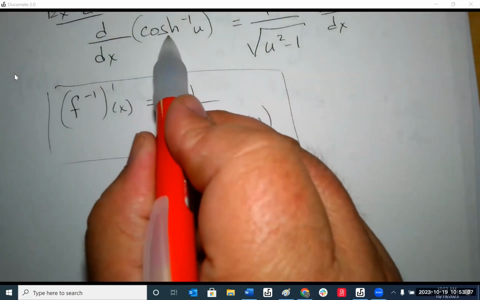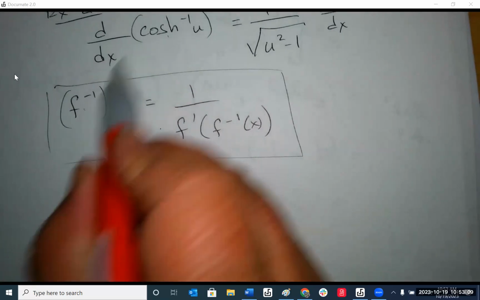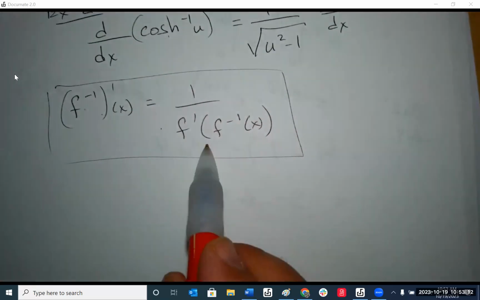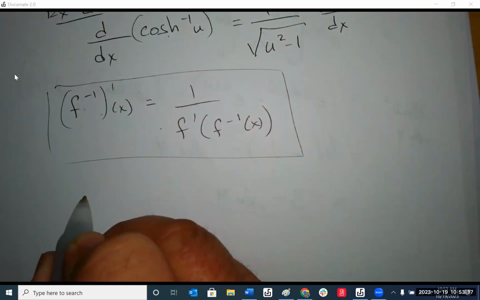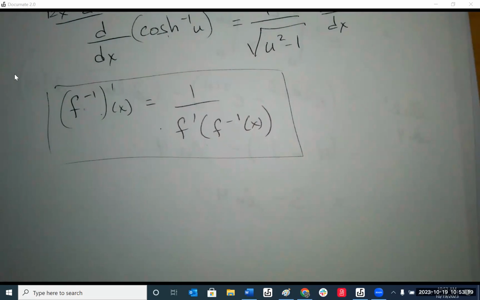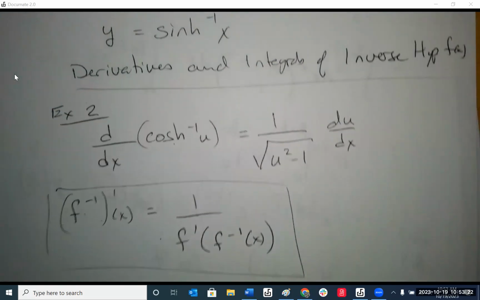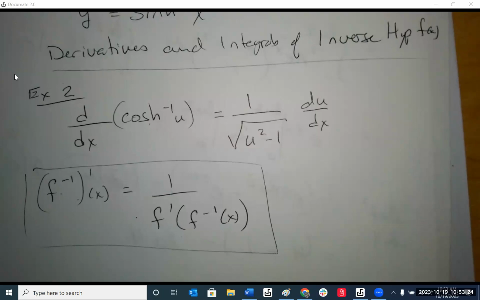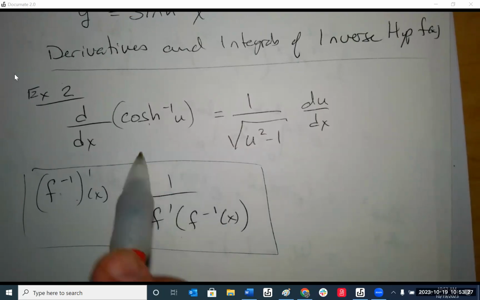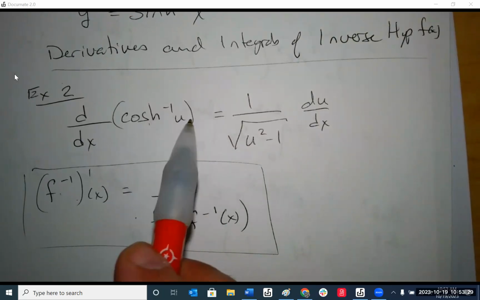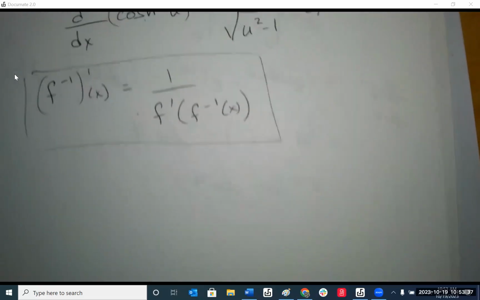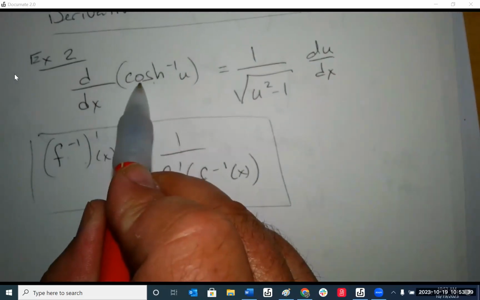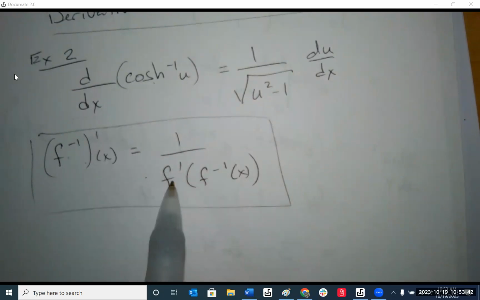So what we have to do is make our function fit into this derivative formula. You have this on your sheet. So this is example 2. We have to try to make it fit into this formula.